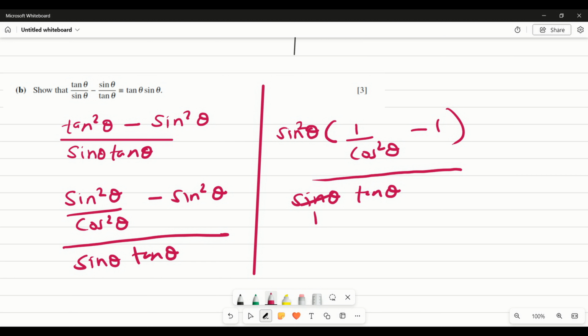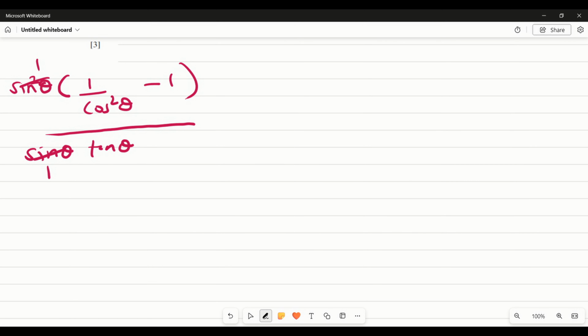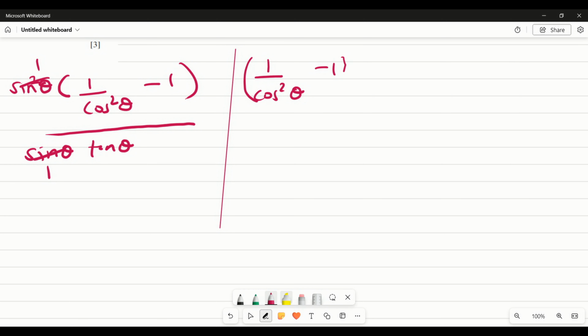So we can cancel one of the sine here, and then we will end up having 1 over cosine squared theta, then minus 1, and then the whole of this one here multiplied by sin theta, then divide by what? Tan theta. Okay, guys, from here, it's very easy to show something.